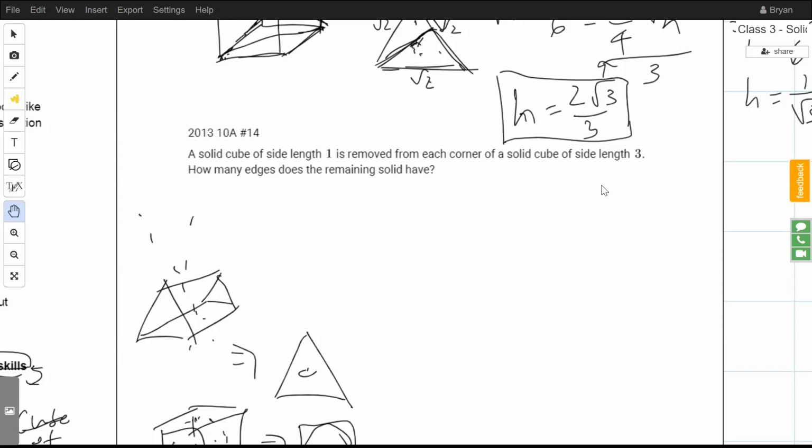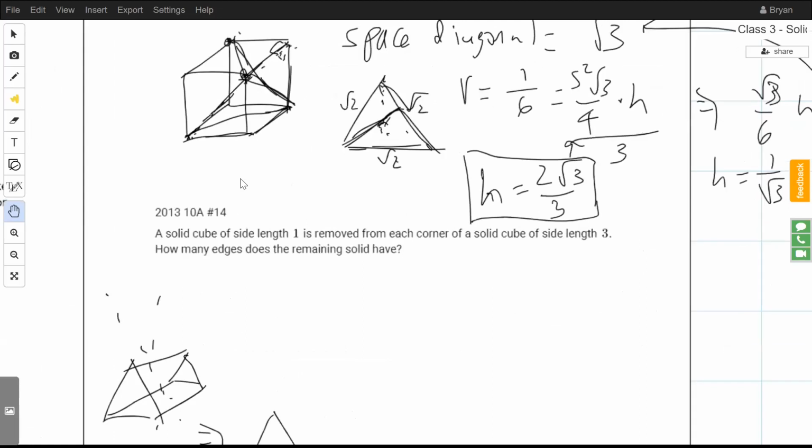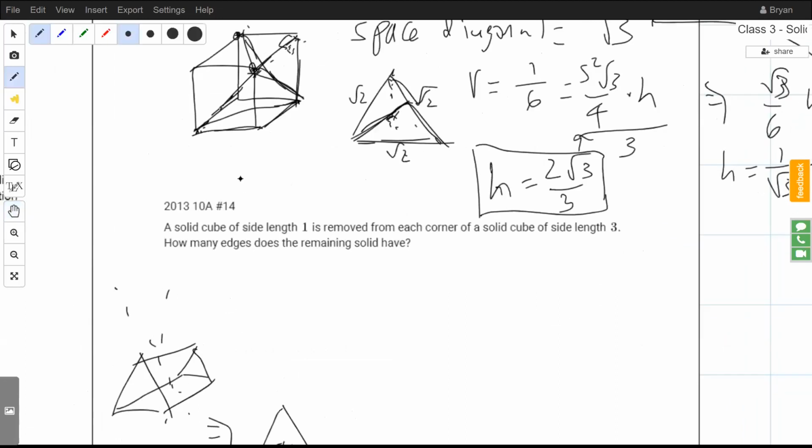So you want to basically just take a piece of your diagram out and not have it in 3 dimensions.